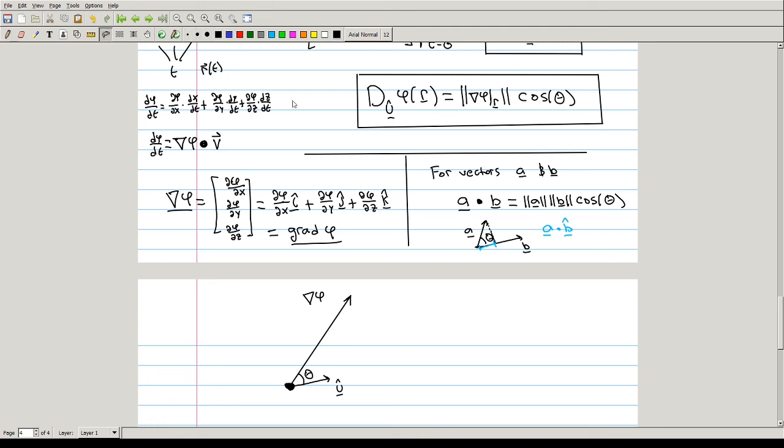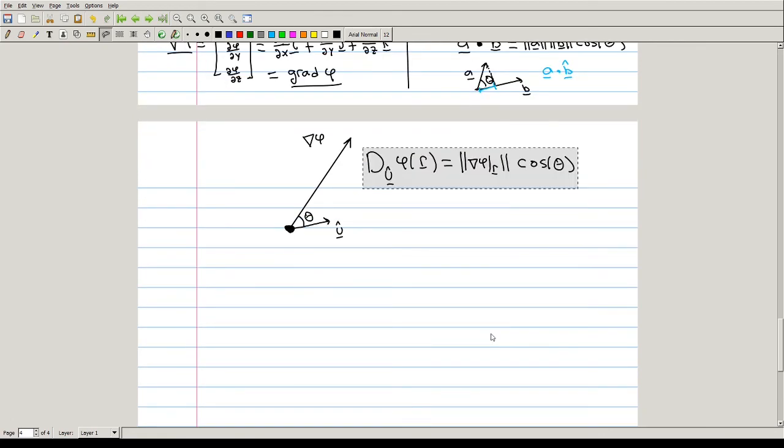Well, using this formula that we've shown, we can see that the directional derivative of the scalar field phi at the point r in the direction of u hat is just going to be the magnitude of the gradient vector times cosine of theta. What does this tell us about theta and about the relationship between the u direction and the gradient vector?